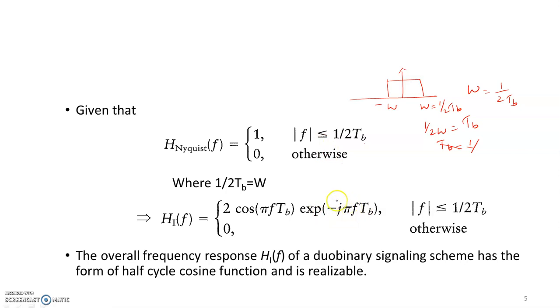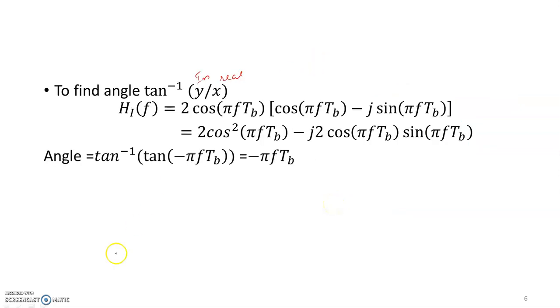I can split e raised to minus j theta as cos theta minus j sin theta. Now you open the bracket, so you will have a cos square term here and a j cos into sin term here. So this is your real part x and this is your imaginary part y.